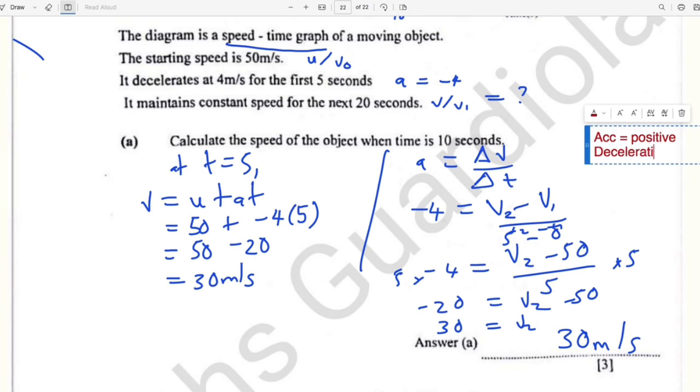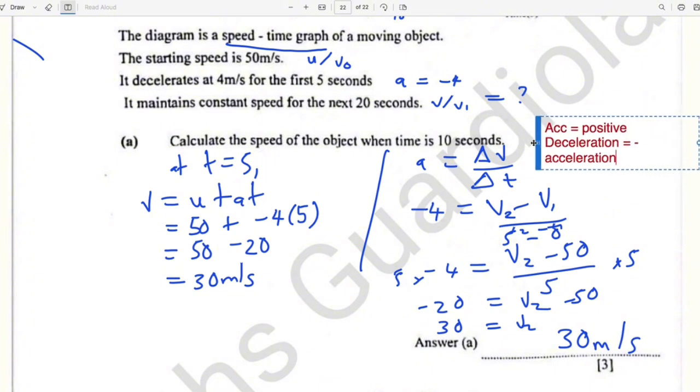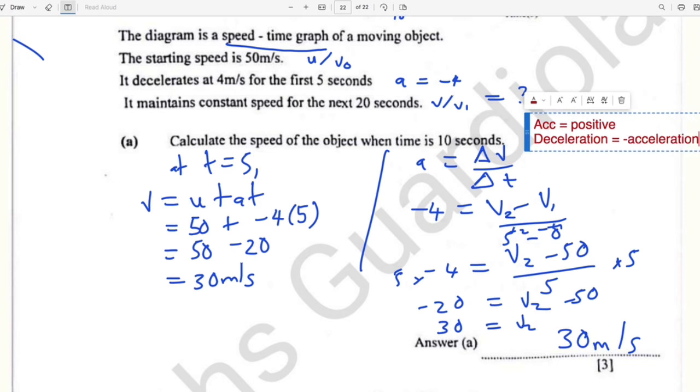So if you choose to use the word acceleration for a sloping graph, which is sloping downwards to the right, it is deceleration, and you need to put a negative sign. But if it is increasing to the right, it is positive, and then it is just acceleration. When speed changes in the positive direction towards the right, then it is positive acceleration. Just remember that acceleration only is positive, deceleration is negative acceleration. Okay? All right. So that's just one thing that I wanted us to put out of the way.